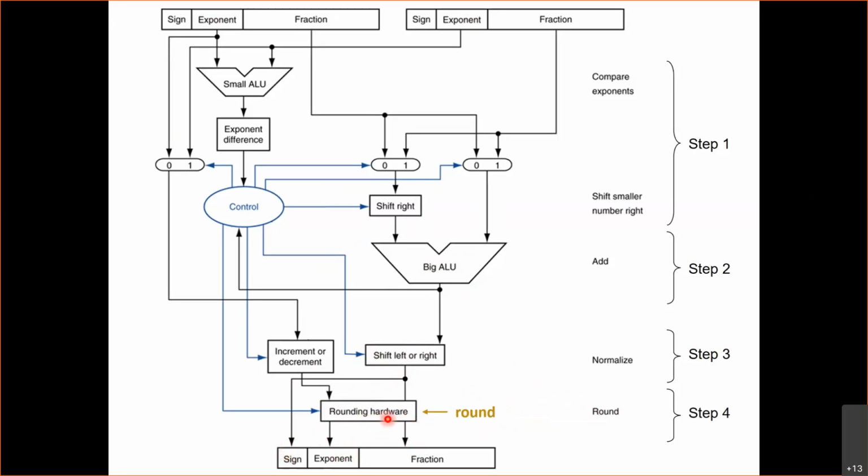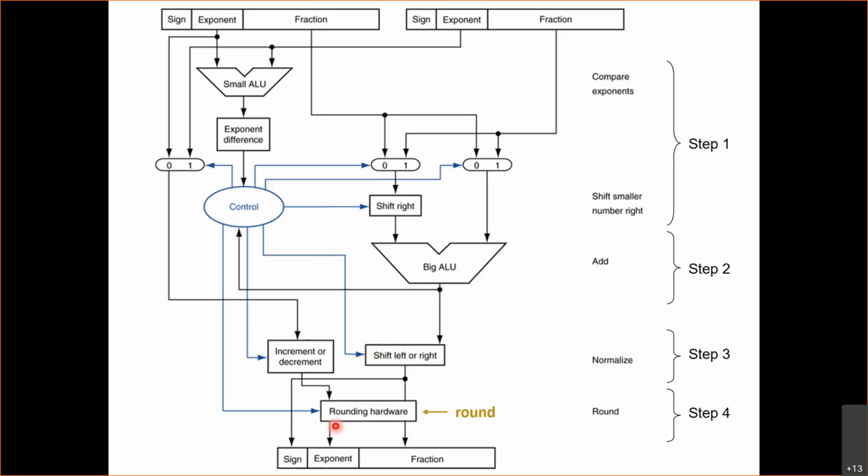Right, we may have overflow, so we may need to normalize again. Okay, so if we round, we may need to normalize again. So in this case, what we're going to do is take our values over here after rounding, bring them all the way back, and pass them through normalization a second time.